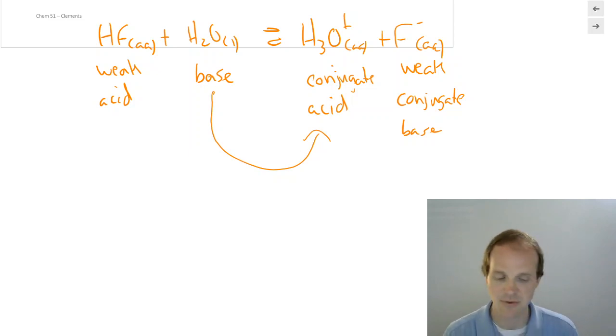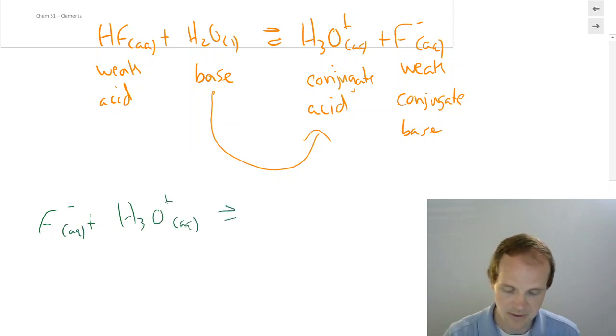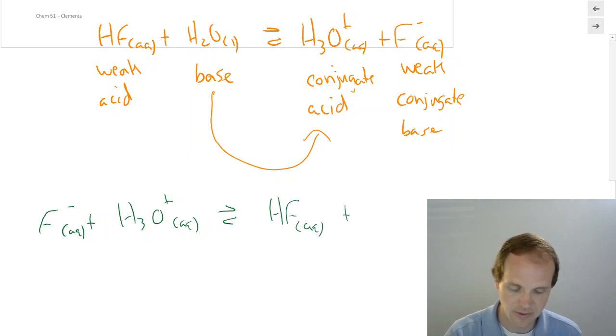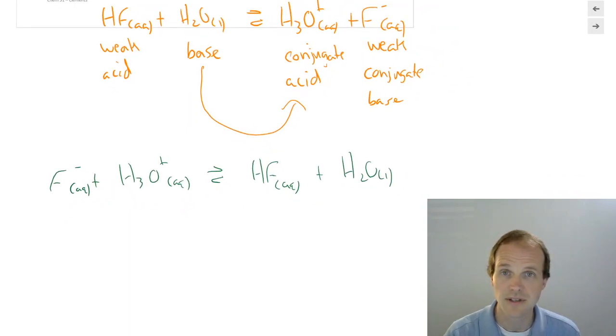Let's just take this same equation and write it backwards. F minus plus H3O plus goes to HF plus H2O, something like that. What do we have?